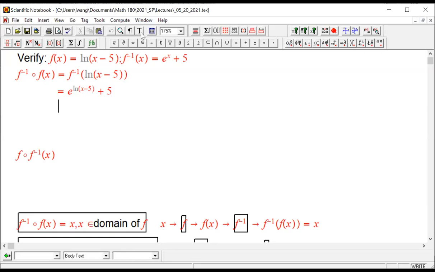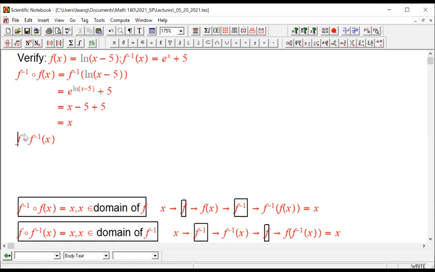And that's going to be x minus 5 plus 5. And last but not least, so it works along that way. Mine is slightly different from Bailey's because I was doing all the detailed steps.